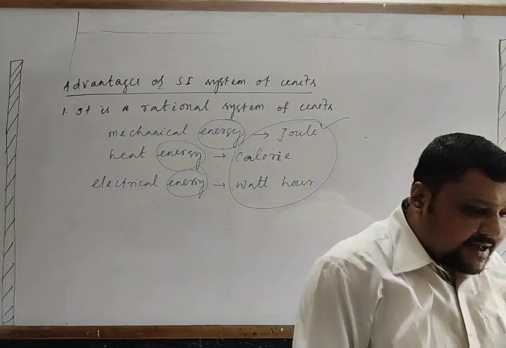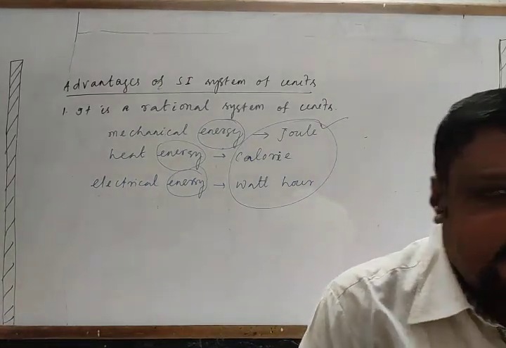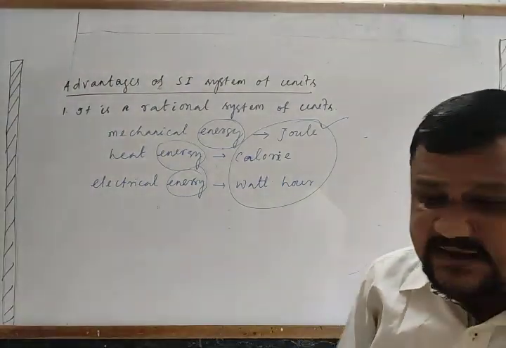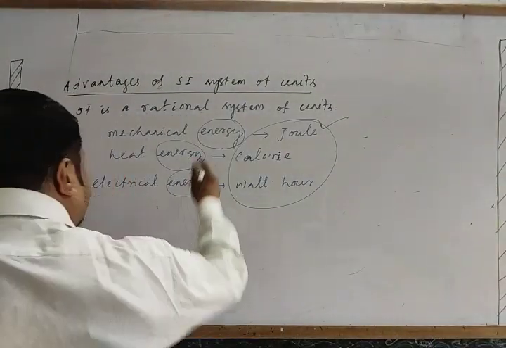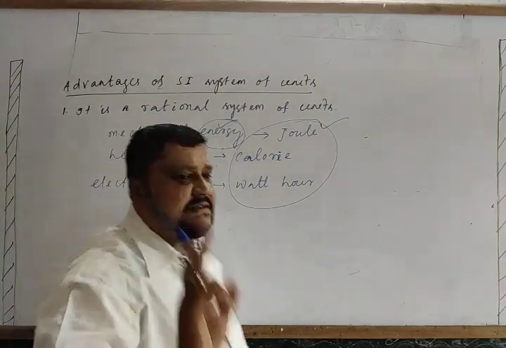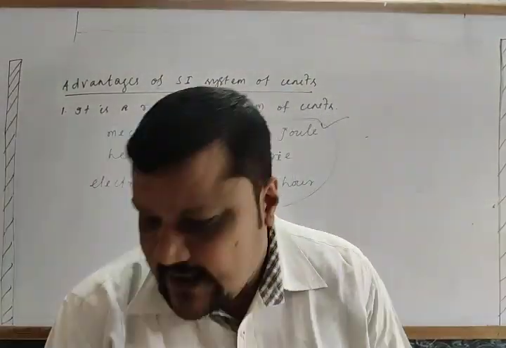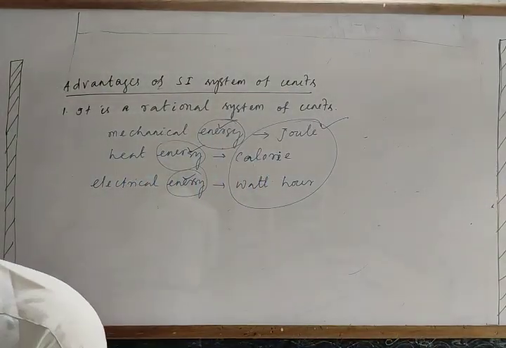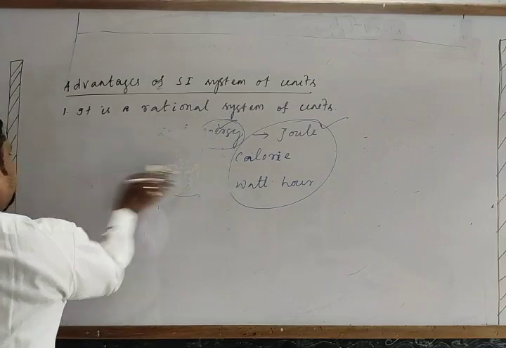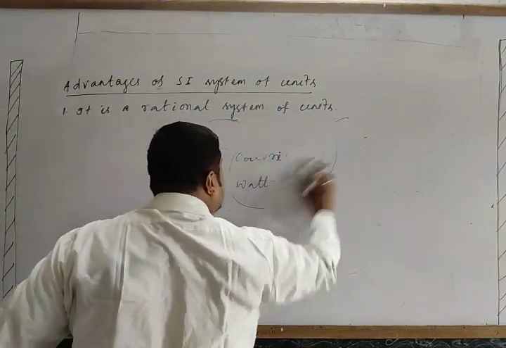So SI makes use of one unit for one physical quantity, may be of different forms. All of you got that? Clear?